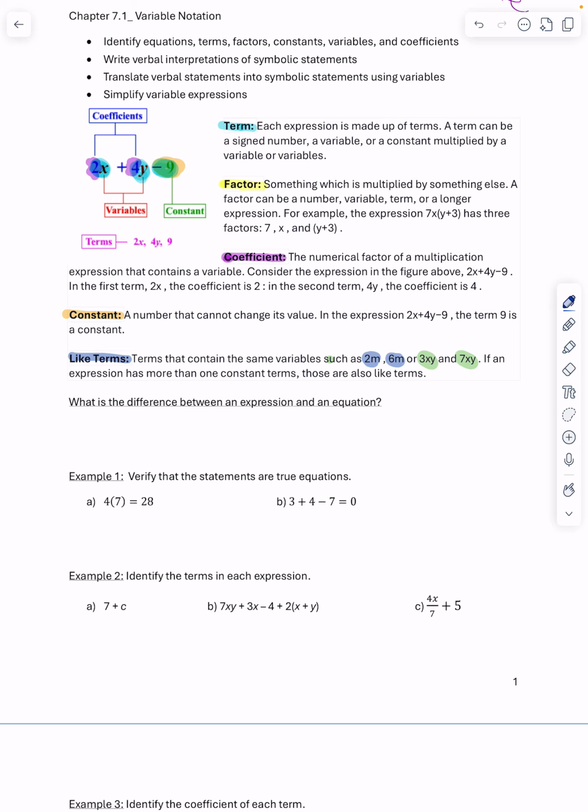An expression is kind of a collection of terms, separated by pluses or minuses. We simplify an expression.